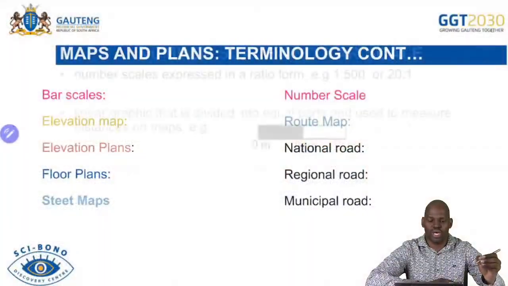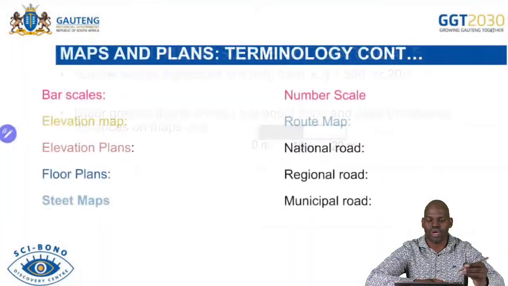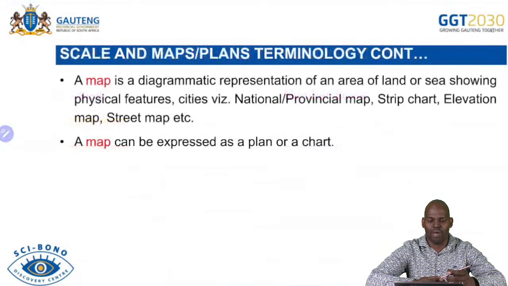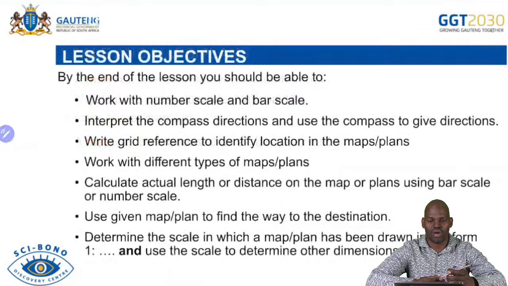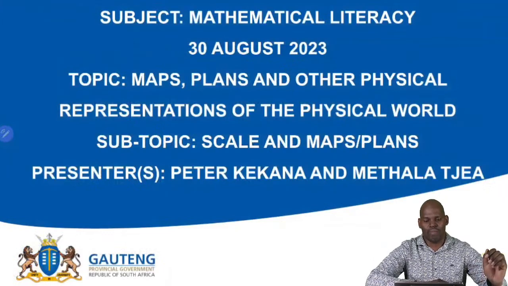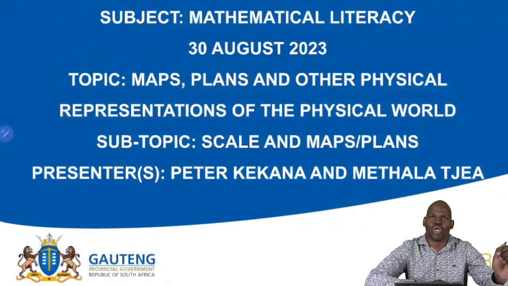Today, our focus will be on maps and plans, and I hope you guys are ready. Remember, maps and plans, boys and girls, will count for about 60 marks in paper 2.